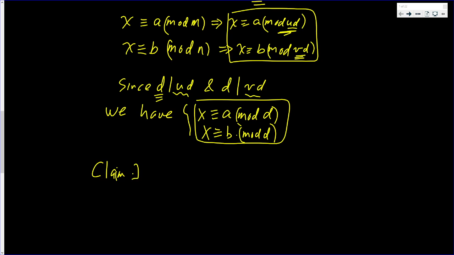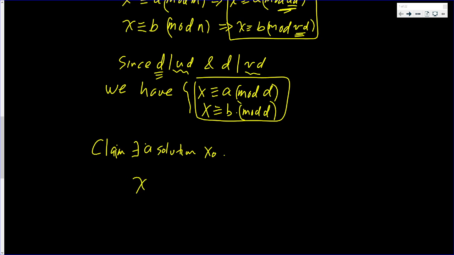I claim that there exists a solution, call it x0. Okay, so we have x0 is congruent to a mod d, and x0 is congruent to b mod d.